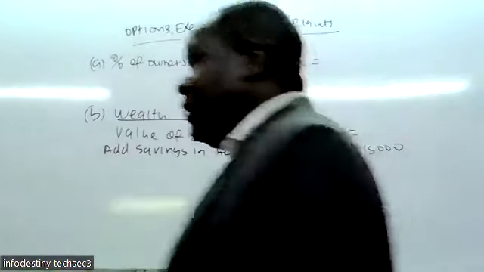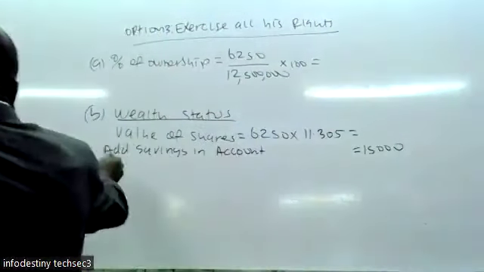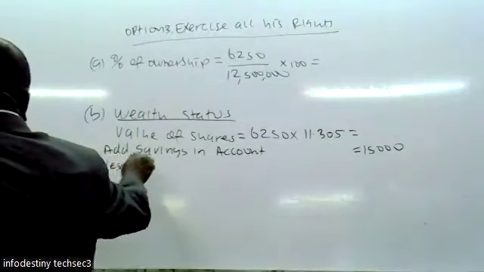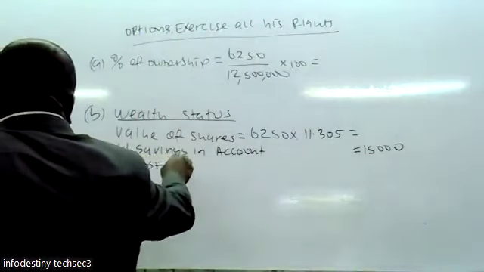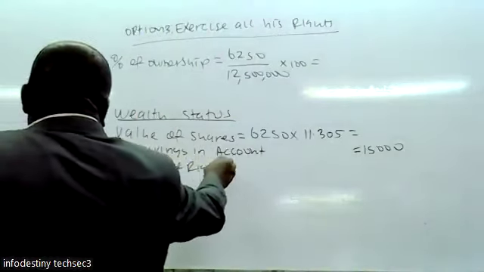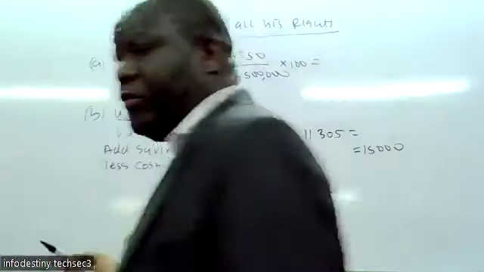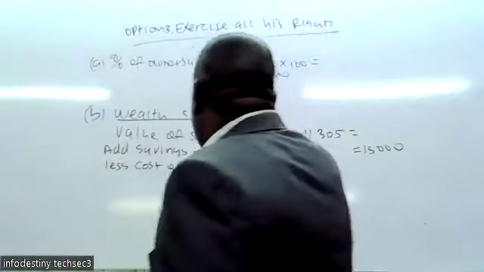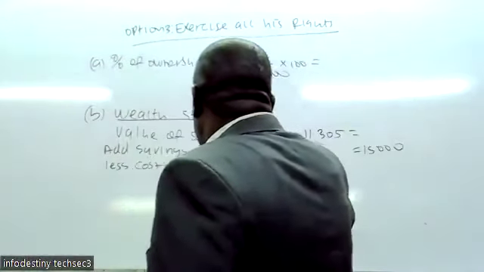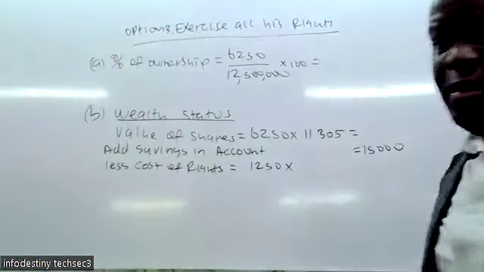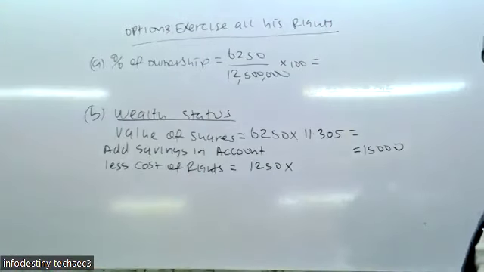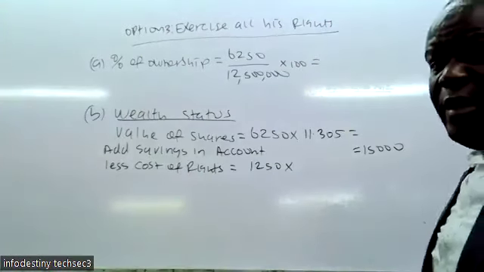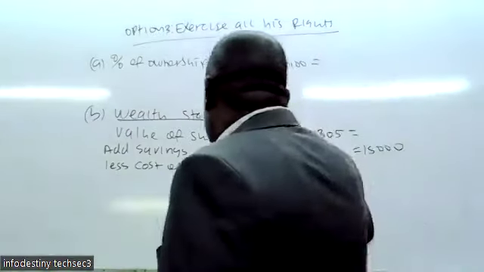Then you also less the cost of the rights. So for the cost of the rights, he acquired 1,250 shares, so we value them at the offer price.